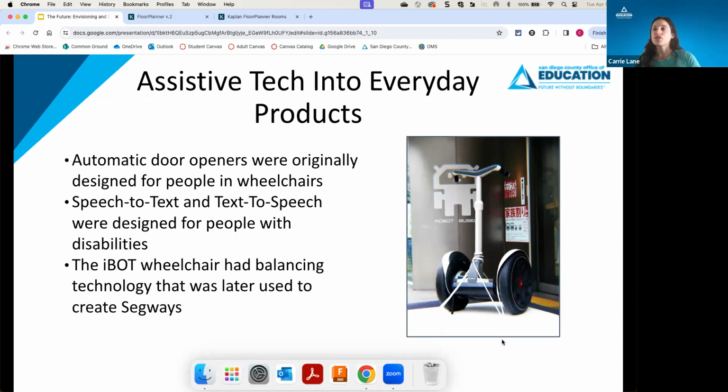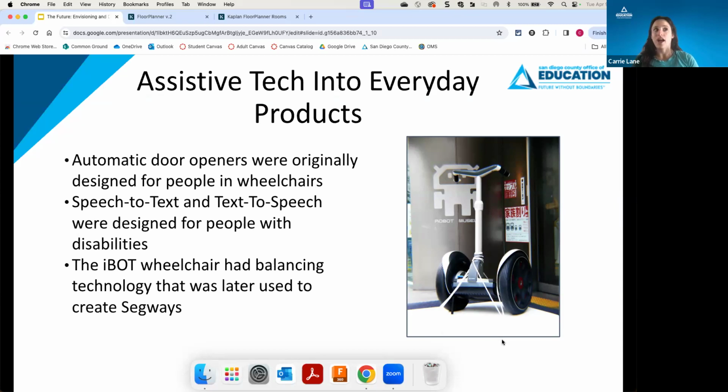And then for those of us who use things on our phone or a computer like text to speech and speech to text, those were initially created for individuals who either could not speak, they had a hard time talking, or they had a hard time hearing, different things that they were designed for disabilities, but now we use them all the time.